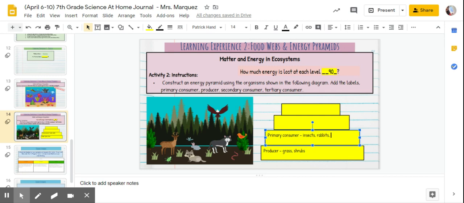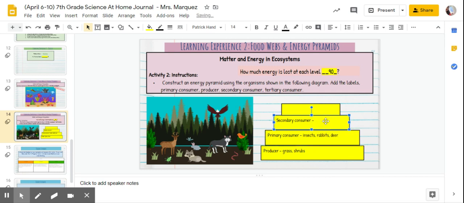And then secondary. Secondary consumer. All right. Let's go with like a fox. I think the deer is actually going to go with the primary because he eats plants.